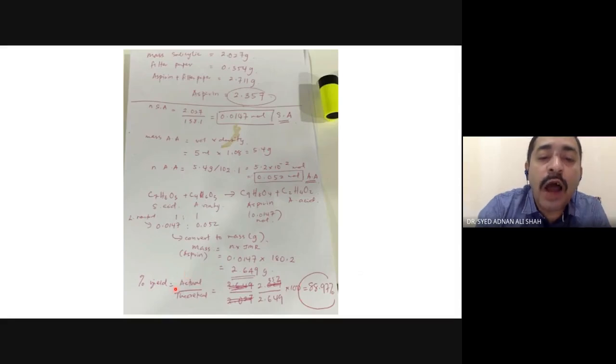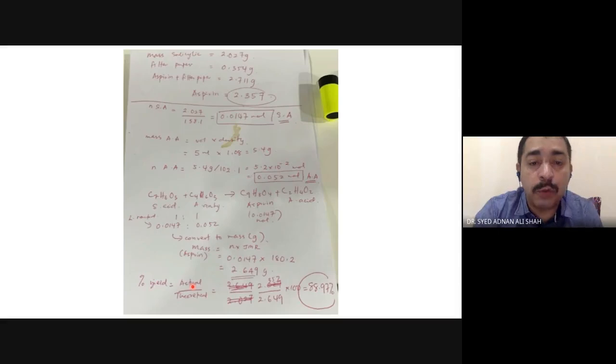First, how do you find the actual mass of aspirin? The actual mass comes from the practical. The salicylic acid taken is about 2.027 grams.